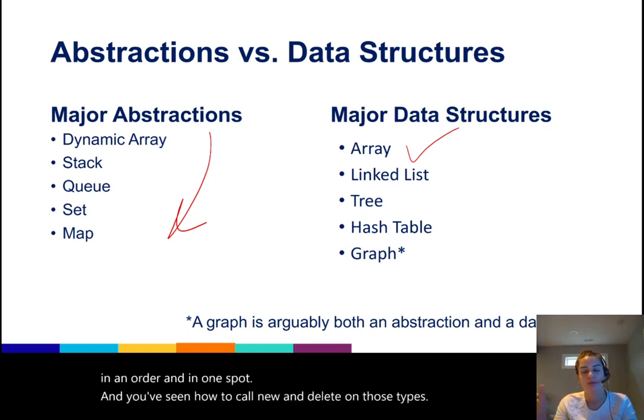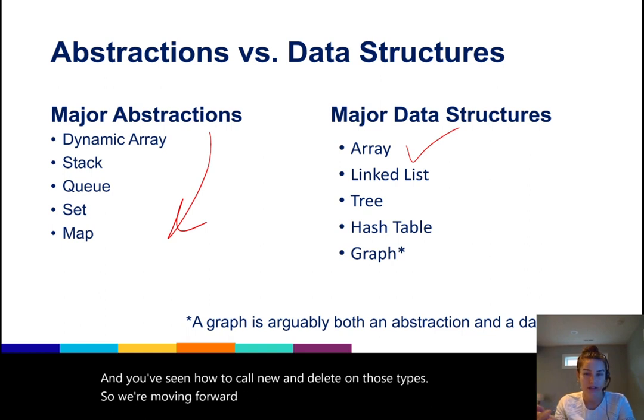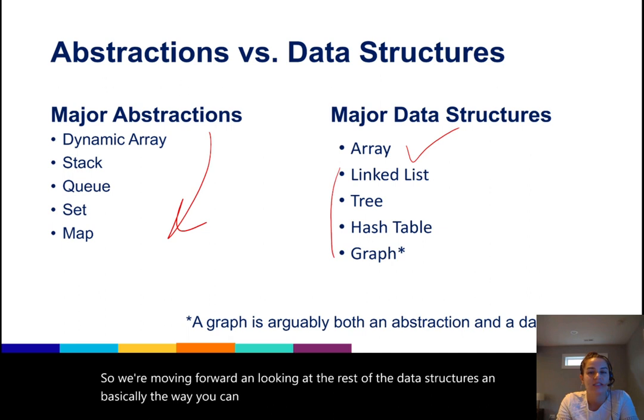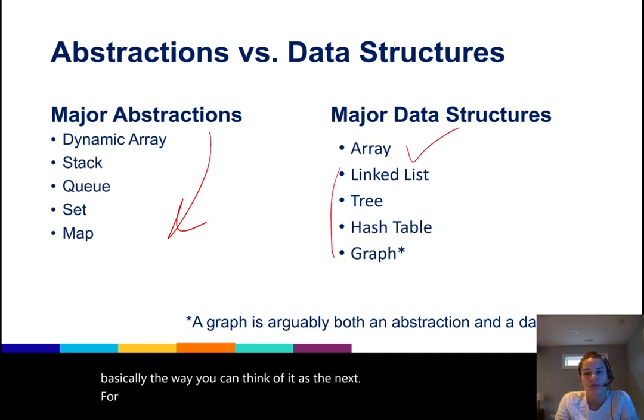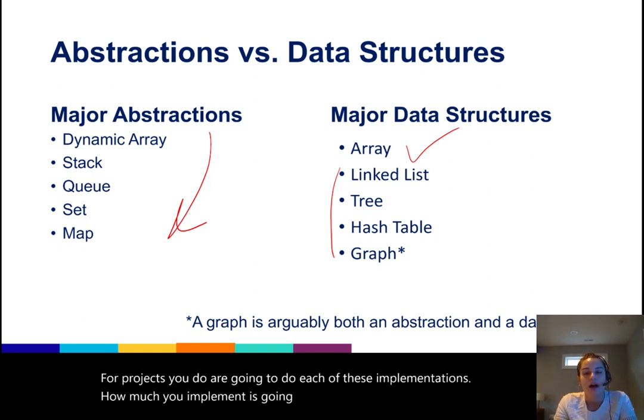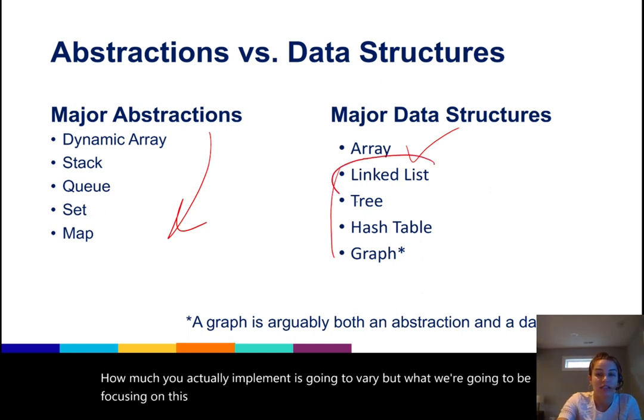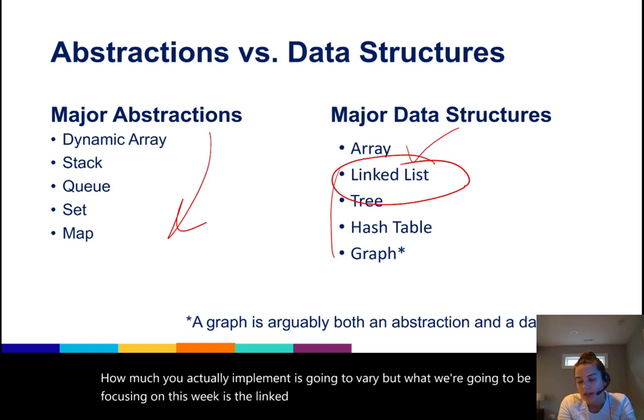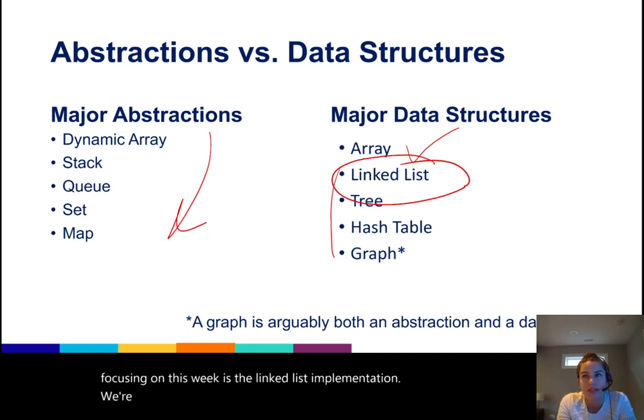We're moving forward and looking at the rest of the data structures, and basically the next 4 projects you do are going to do each of these implementations. How much you actually implement will vary, but what we're going to focus on this week is the linked list implementation. Now, we're going to implement something using a linked structure.